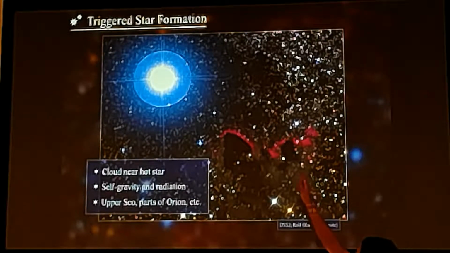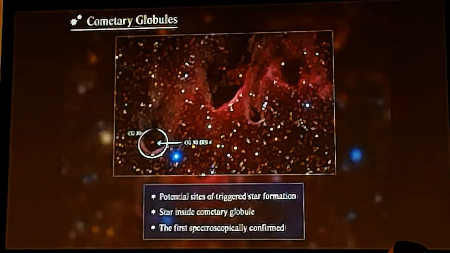So this little object here, let's take a closer look at that. A good place to look at triggered star formation is in what's called cometary globules. What is a cometary globule? It's a lot like a regular Bok globule, which is a dense cloud core associated with star formation, but these are formed near big O stars.